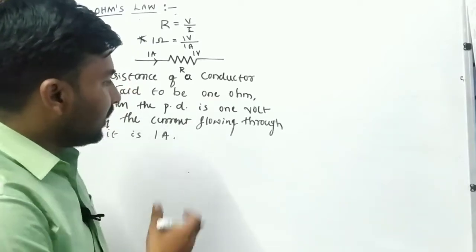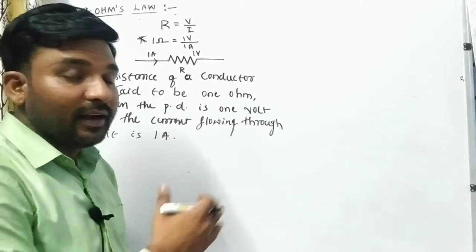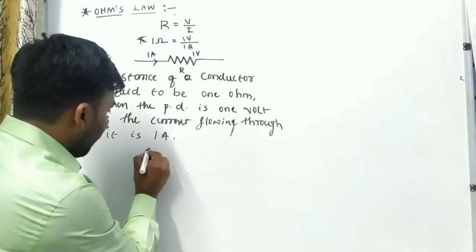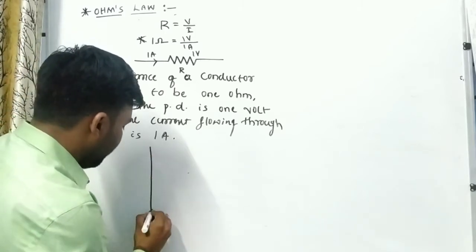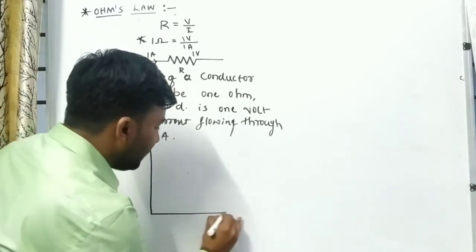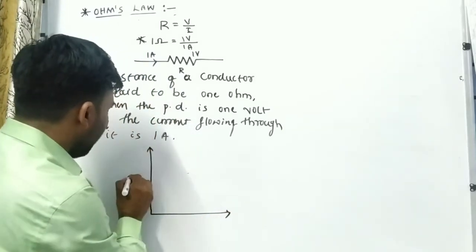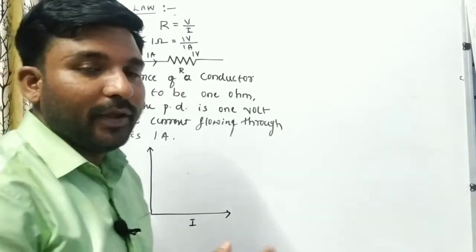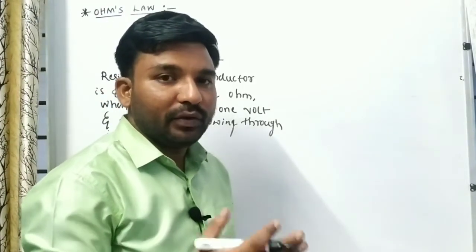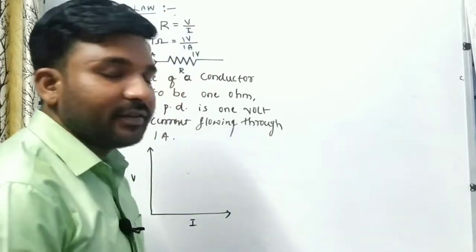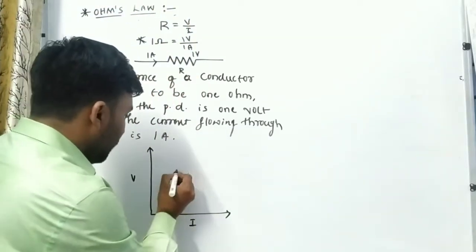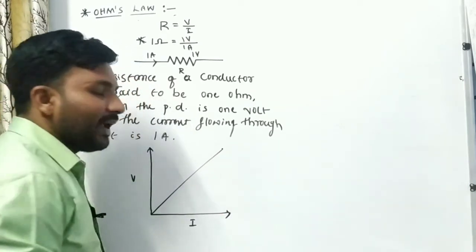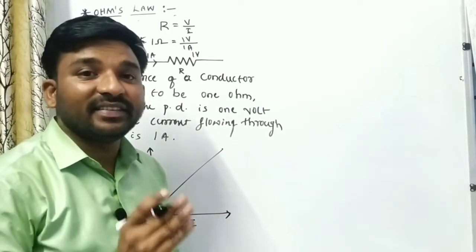Now come to the relation between V and I. When we plot the graph of V versus I using the observed values, after plotting the graph you will get a straight line.